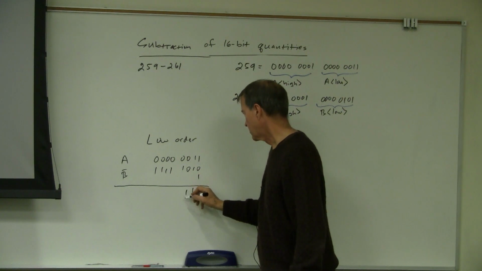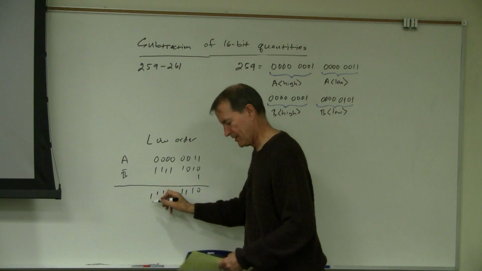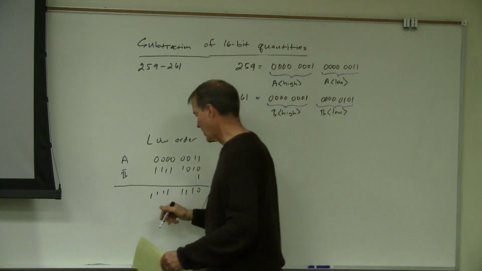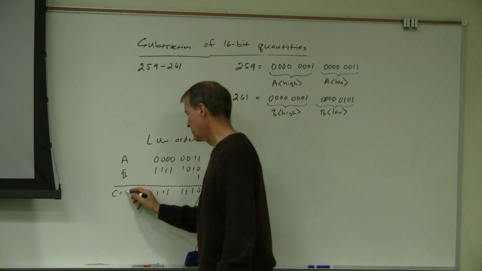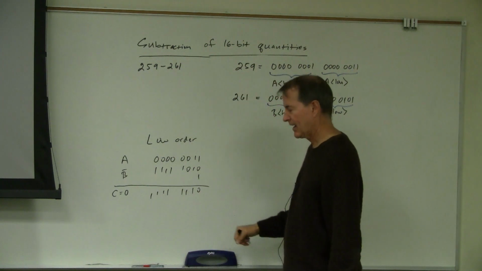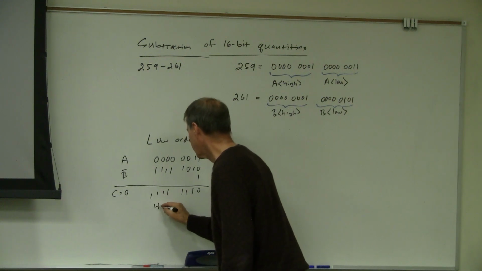Carry the 1. Now this one is 1, and they're all 1, 1, 1, 1, right? And C equals 0. Are you with me? And so that's the low order, and then the high order.